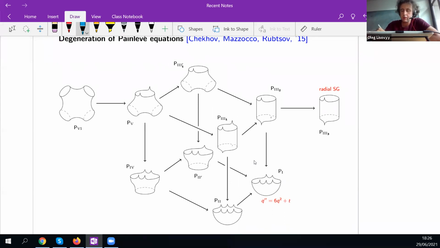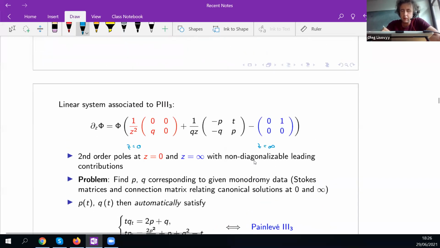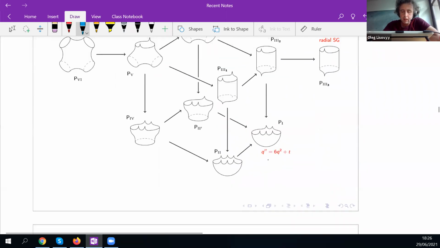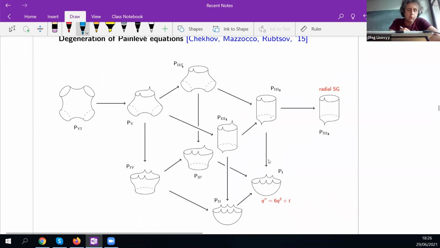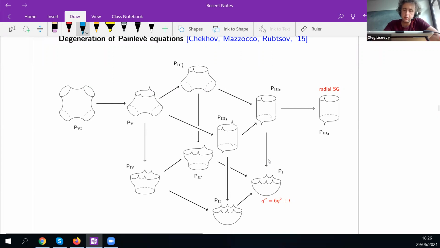So these cusps correspond to the non-diagonalizable coefficients of the most singular terms. So these four regular singularities would correspond to Painlevé 6 and so on. Yes, and actually I haven't said it for Heun equation, but here it's kind of important. So this degeneration diagram is a degeneration diagram for linear systems, but some classes of these linear systems actually lead to the same Painlevé equations.